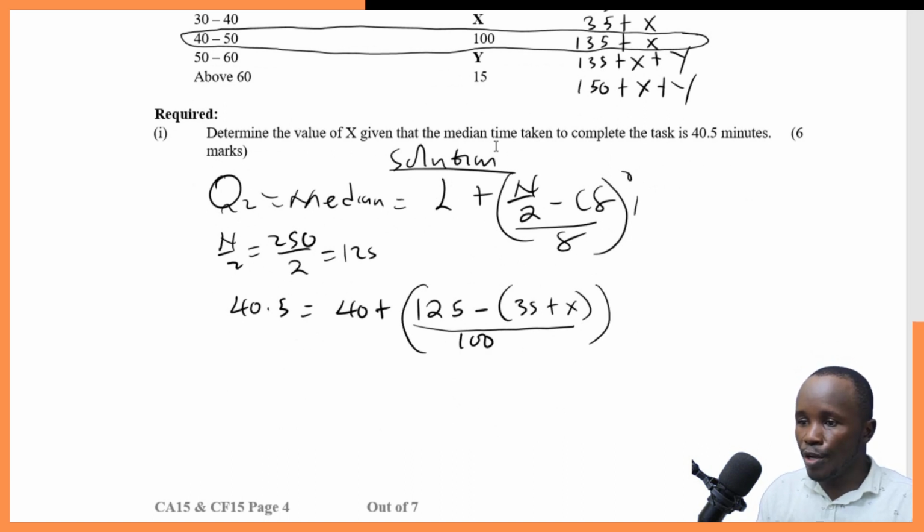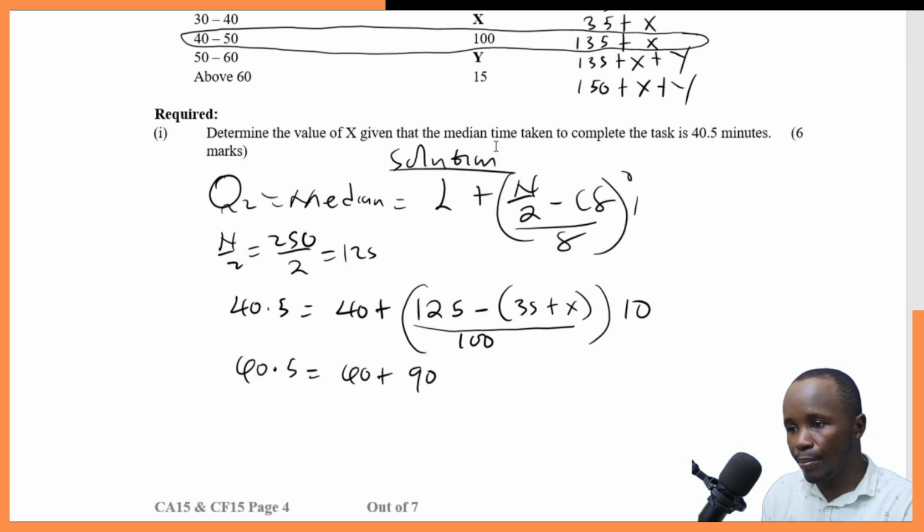And the class width is 50 minus 40, which is 10. So 40.5 equals 40 plus 125 minus 35, which gives me 90, minus x, divided by 100 times 10. Hope you are clear up to that point.